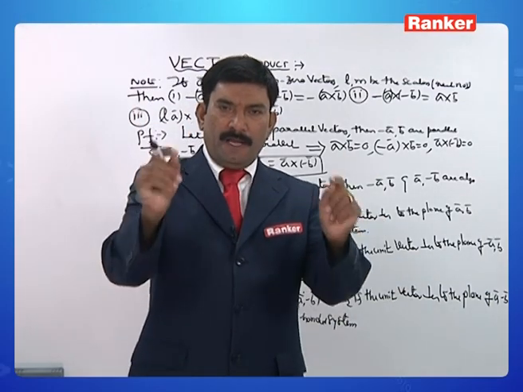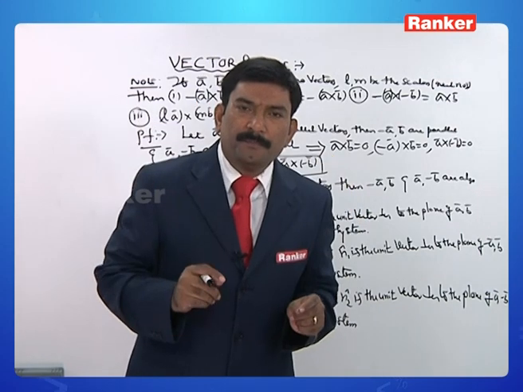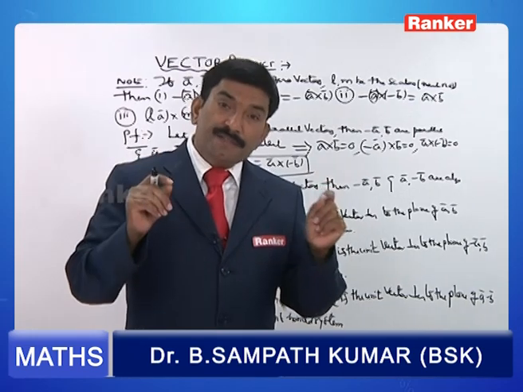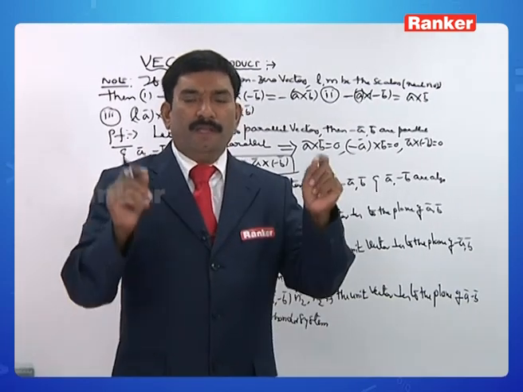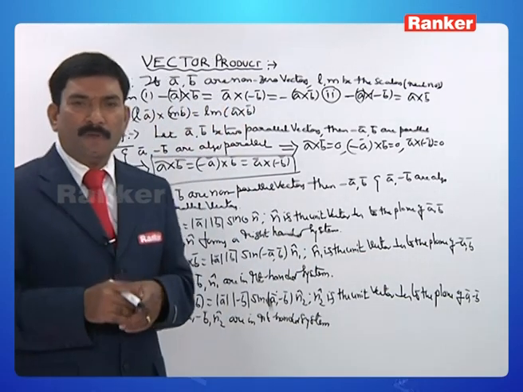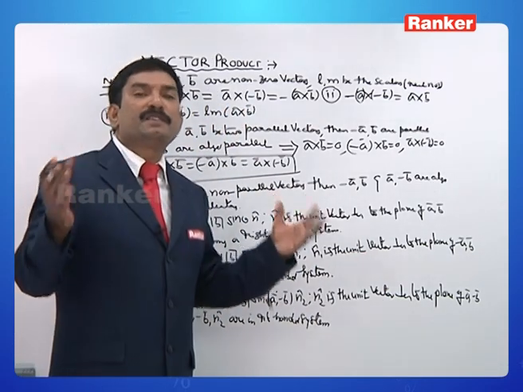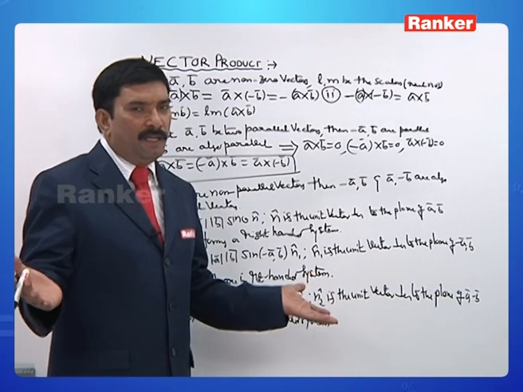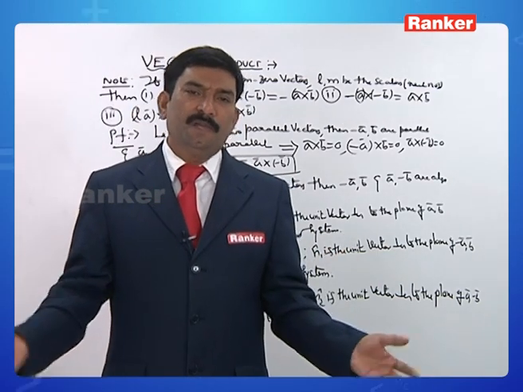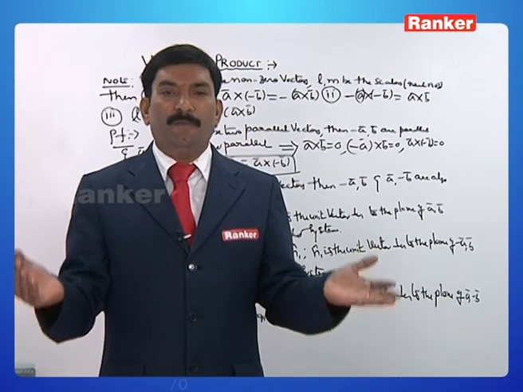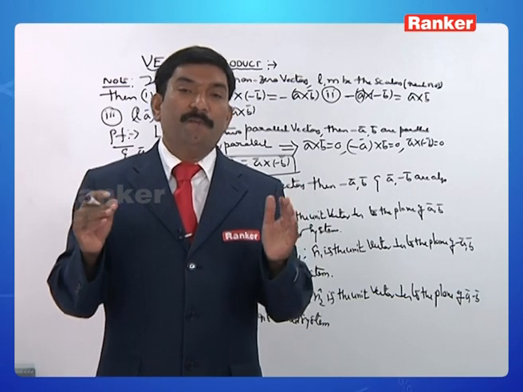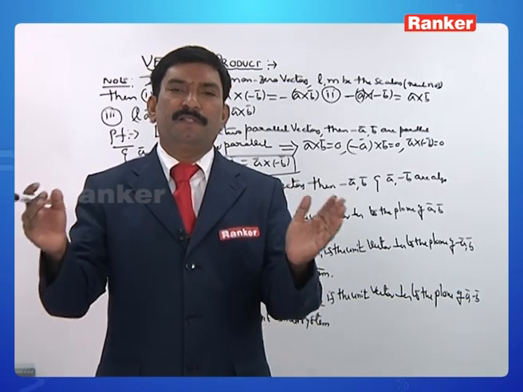Since the plane generated by A bar, B bar, minus A bar, B bar, A bar, minus B bar are the same, certainly A bar, B bar, n cap are in a right-handed system. Minus A bar, B bar, n1 cap is also in what? Right-handed system. Then A bar, minus B bar, n2 cap is also in what?